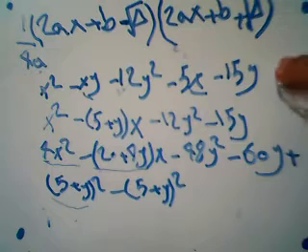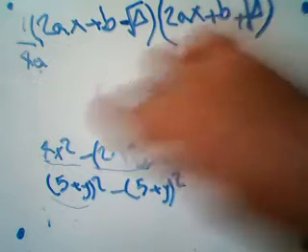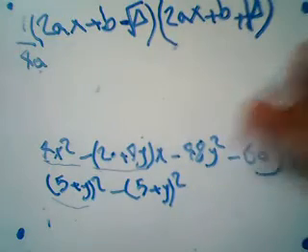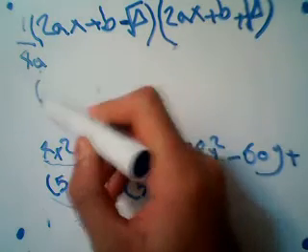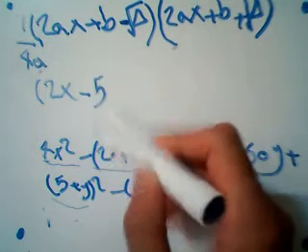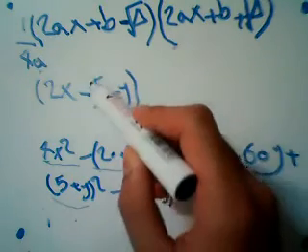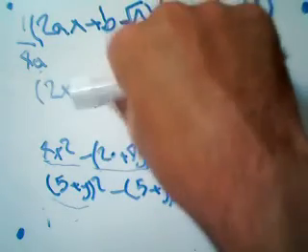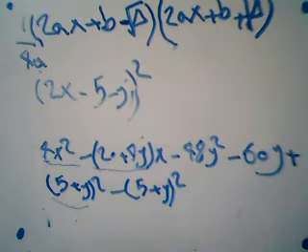So these three would be (2x minus (5 plus y)) squared, which is 2x minus 5 minus y, squared, and the rest.